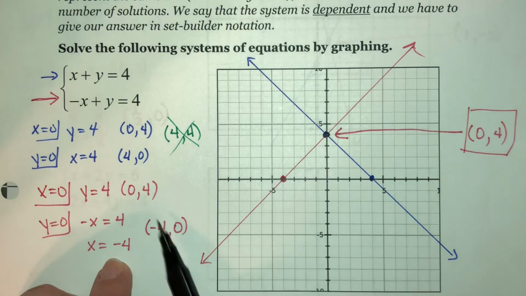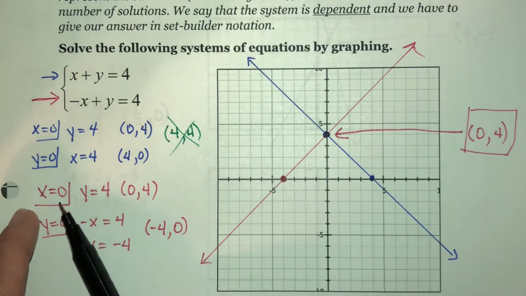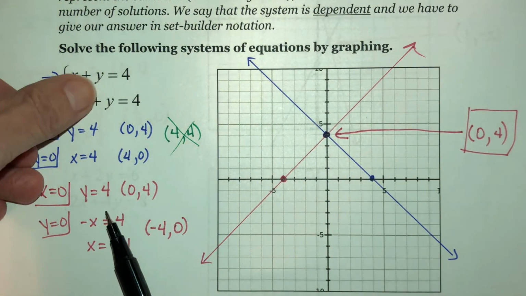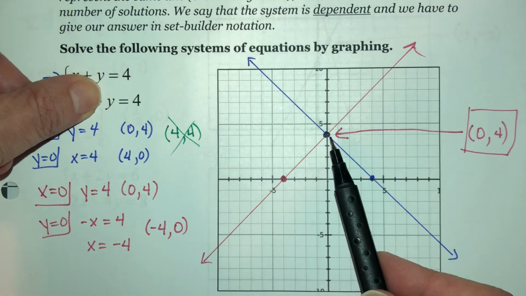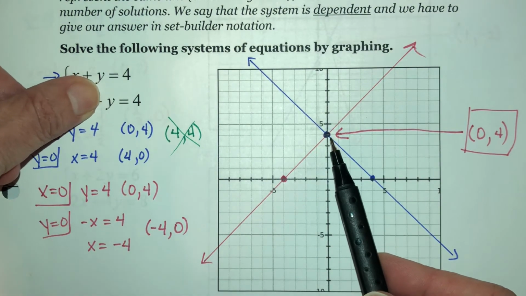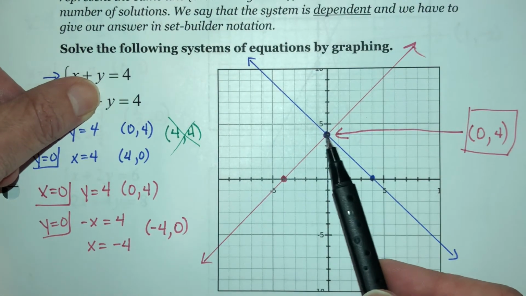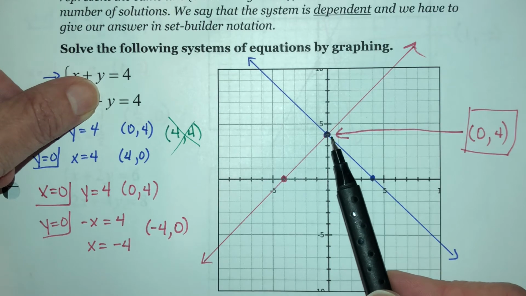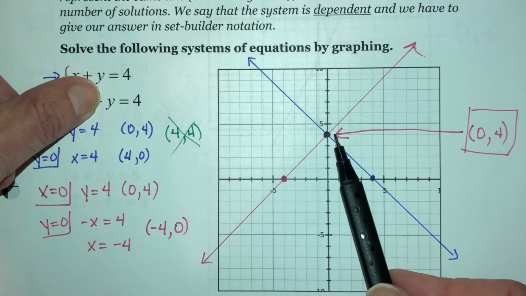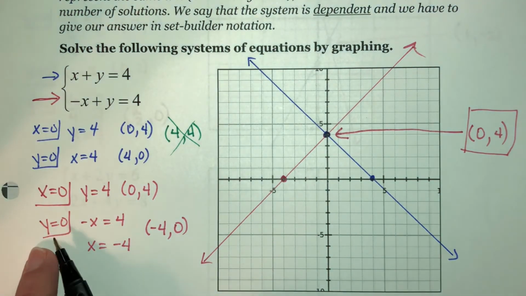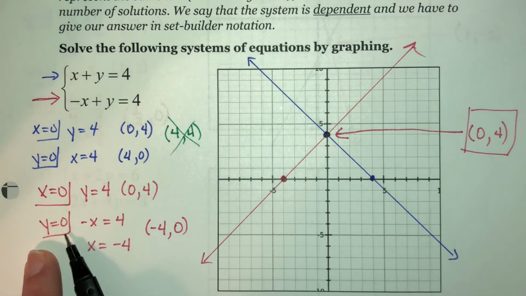We did basically the same thing for our second equation. We plugged in 0 for x, and negative 0 goes away, so y equals 4, 0, 4, which is here. Now, we knew this point was in common, but it's not enough to say that's our answer, because it is still possible that we have the same line. This is definitely at least one of our answers. Plug in y equals 0.